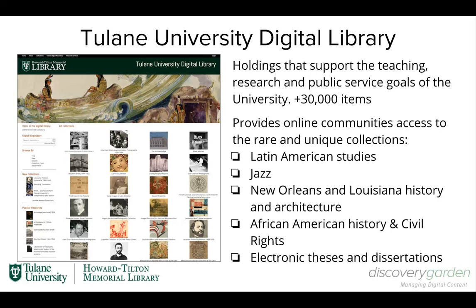We have an amazing jazz archive, the Hogan Jazz Archive, the Louisiana Research Collection, which focuses on Louisiana and New Orleans history, and the Southeast Architectural Archive. We have African American history and civil rights through Amistad Research Center, and also electronic theses and dissertations, which is a mandated function for graduation here. So all students have to submit their theses and dissertations online as a requirement for graduation.